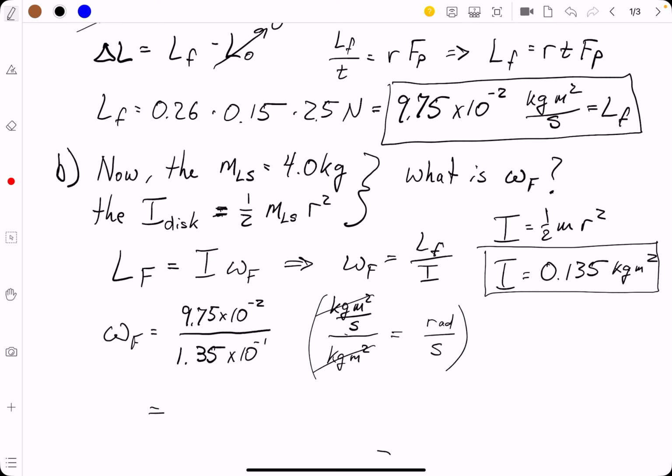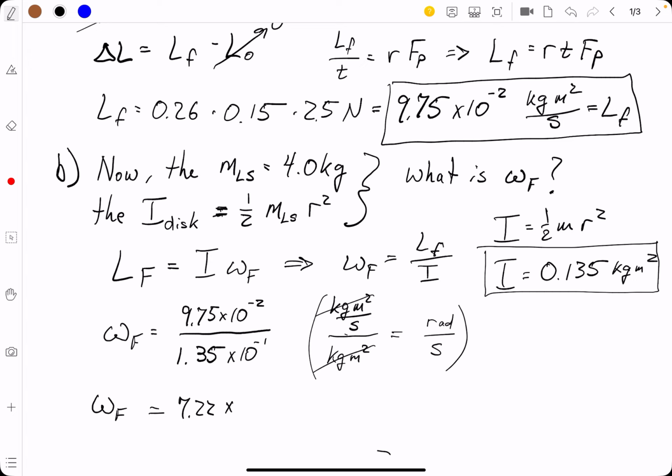Let's handle the numbers. This is how I do it at home, okay? So 9.75, I'm entering that in. I'm going to do 1.35, divide. And I have 7.22. All right, now the only thing I don't know is times 10 to the what, okay? So 7.22 times 10 to the what? Well, 10 to the minus 1 in the bottom is like 10 to the 1.